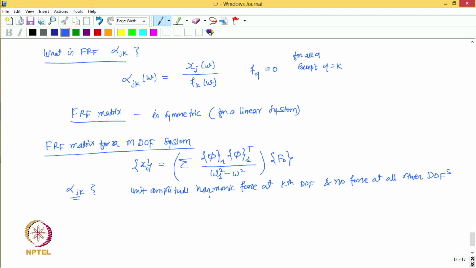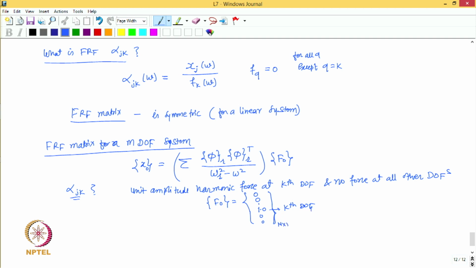If that is so, then what will be f naught? F naught would be simply 0, 0, and then we will have unity, and then 0, 0 all this. So at the kth df we have the unity, while at the rest of the df the force amplitude is 0, and this is a vector n by 1.